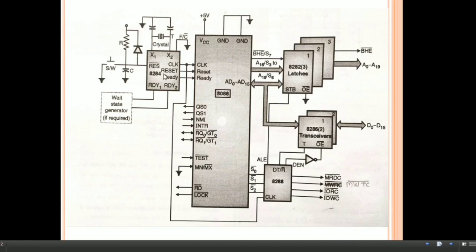Now this is our 8284 external clock generator, which is required for generation of clock, reset and ready signals for this 8086. And this MN/MX bar pin, as we know, for maximum mode is connected to this ground.